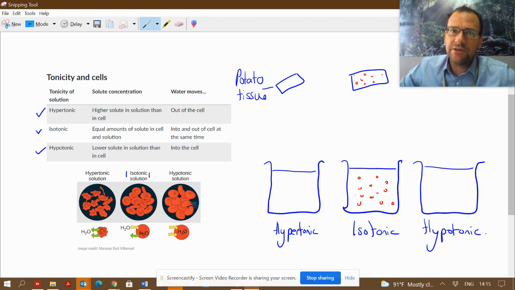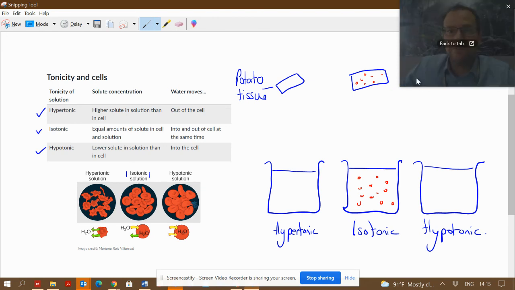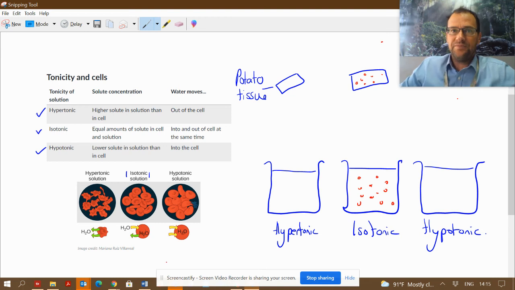It wouldn't look like that because potato tissue is split up into millions of different cells, all with their own osmotic potential. However, we'd take it as an average that this bit of potato has very similar osmotic potential to this solution. If I put it in here, it would be isotonic, right?